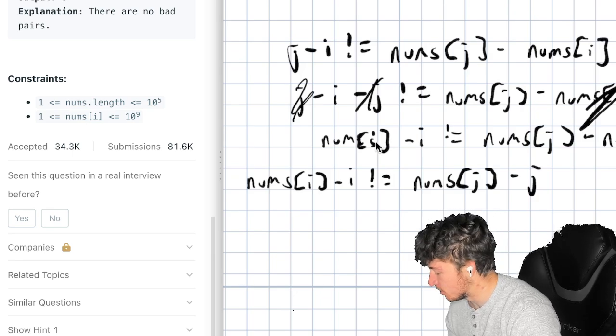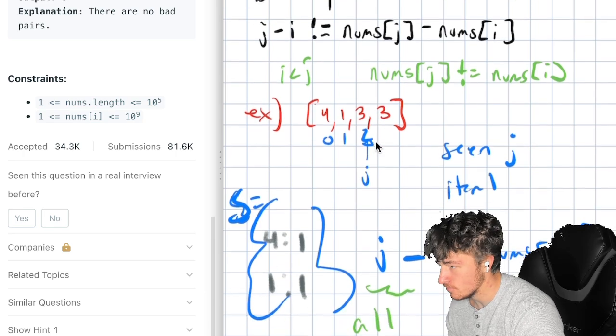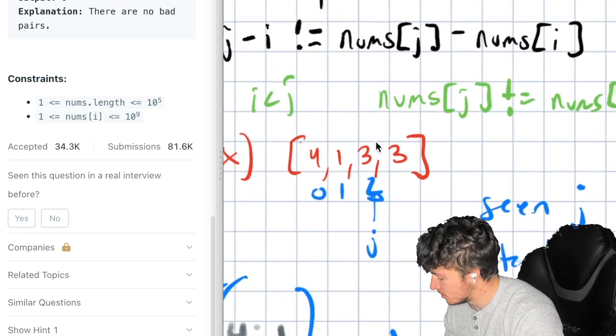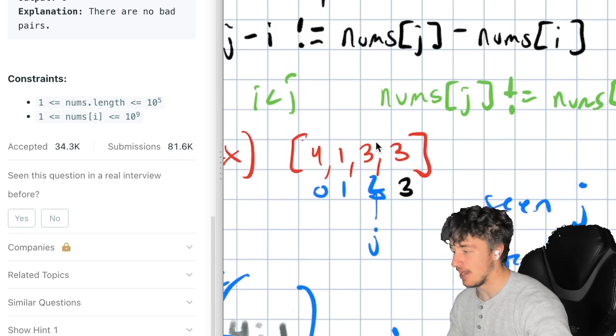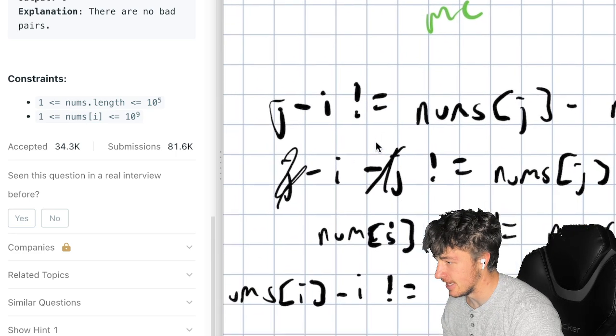Well, if you have your original array, all you have to do is generate a new array by subtracting out these things.